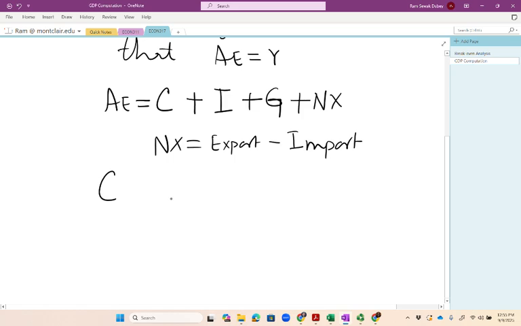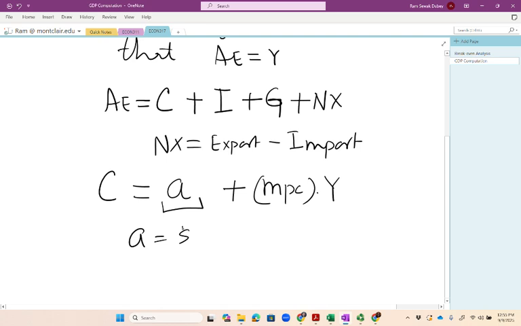The household consumption is written as the sum of an autonomous consumption, I want to write it as A, plus the marginal propensity to consume multiplied by the national income. So let's assign some values. I want to take the value of A to be $200.